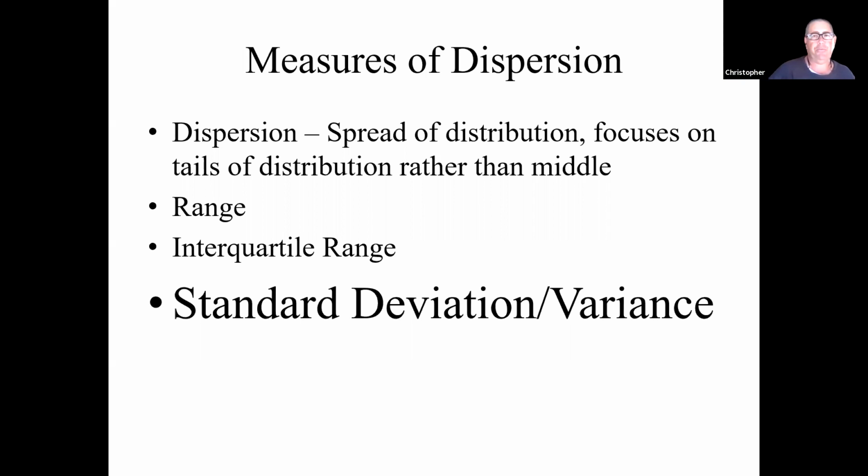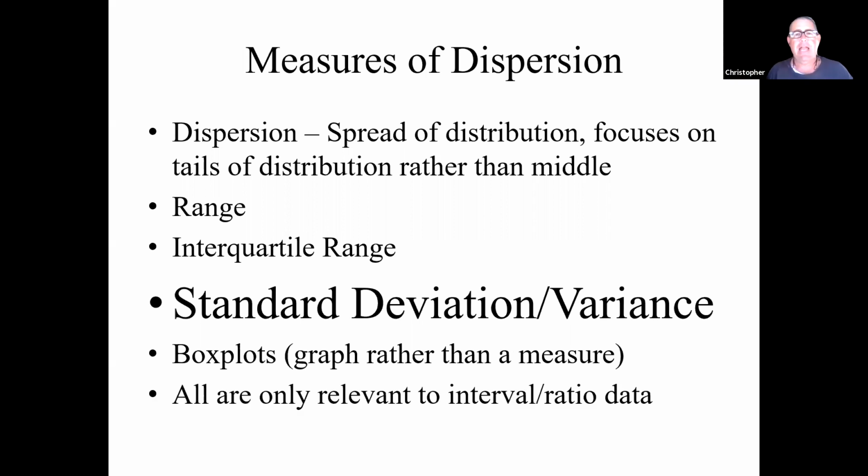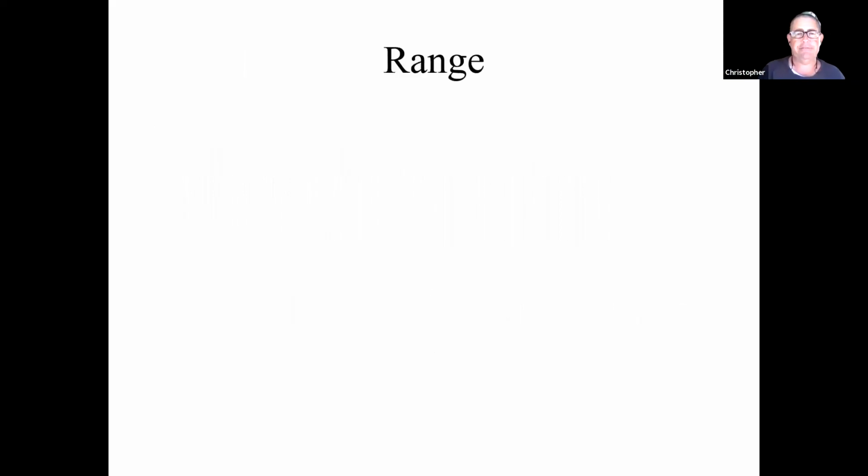If I was making these fonts act exactly relative to the importance for our purposes, that would be the only thing on this slide. And then we're going to talk about box plots. Those aren't actually measures of dispersion, but they're more a graph that brings in some of these concepts. And again, all of these are really only going to be relevant when we have data that are measured on an interval or ratio scale.